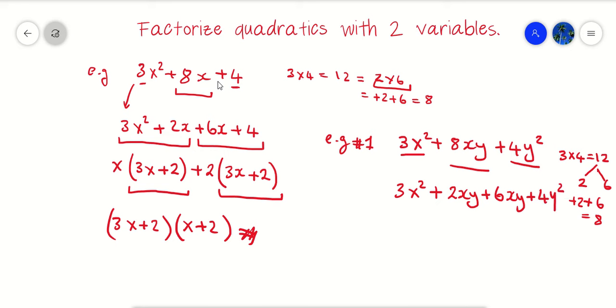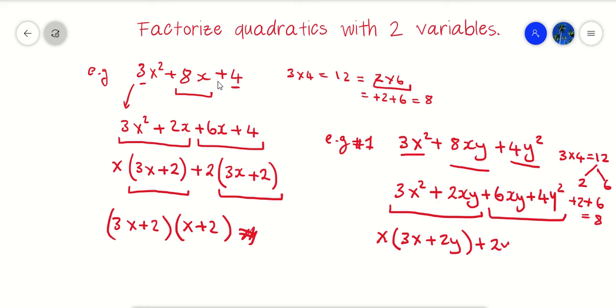Now, once I'm at this stage, all I have to do is group the first two terms and the last two terms together. What's the common factor between the first two terms? I can take x outside the bracket. If I take x outside from 3x squared, I will be left with 3x, and from 2xy I will be left with 2y, plus, what's the common factor between the other two?